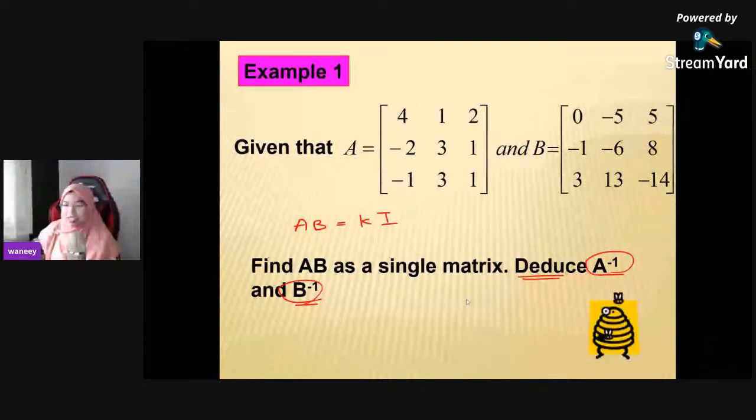Okay, so now let us check. Is it true AB equal to KI? AB equal to 5I. Okay.